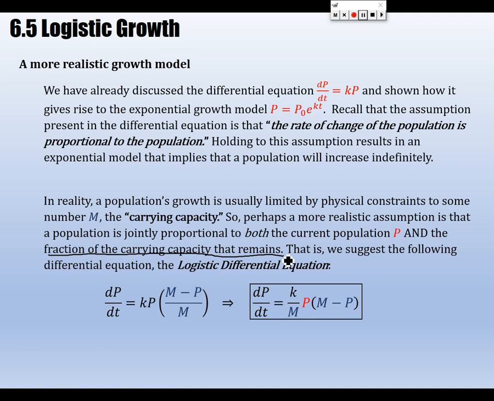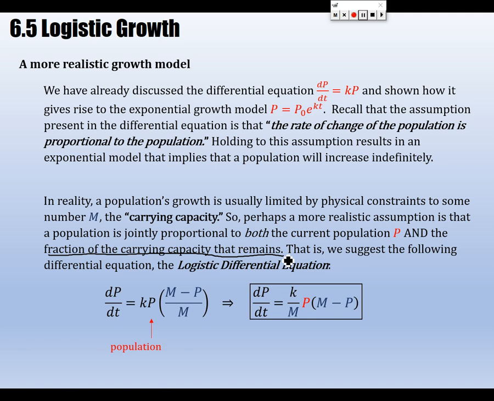Today in this model, we still wanted the growth rate to be proportional to the population. We still want that to be true. But we also want it to be proportional to, in parentheses here, the fraction of the carrying capacity that remains. And we're going to use this capital letter M throughout the day to represent the carrying capacity. Does the part in blue make sense as a thing that represents the fraction of the carrying capacity that remains, that I underlined up here?